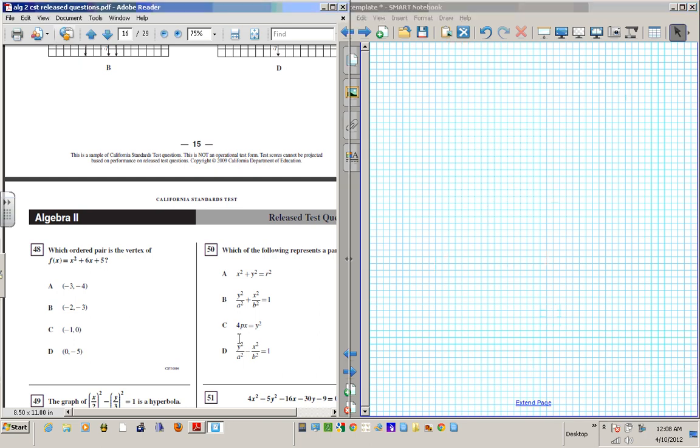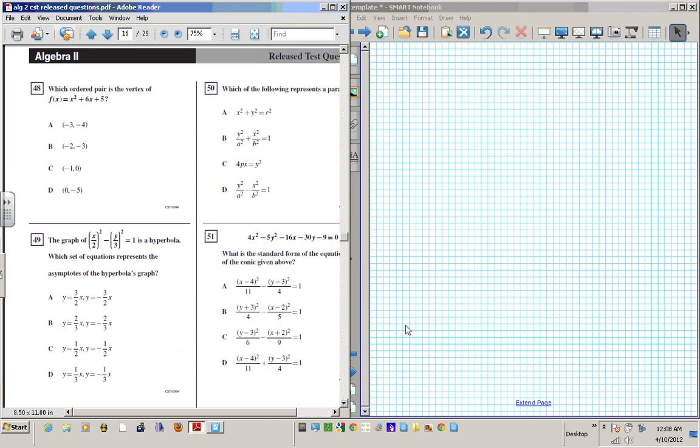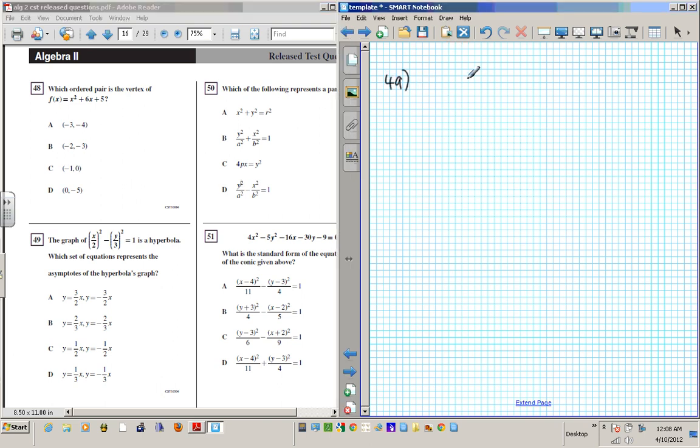For question 49, the graph of a hyperbola is given. Which of them is the asymptotes? With number 49, we're given a hyperbola with center 0, 0: (x over 2) squared minus (y over 3) squared equals 1.